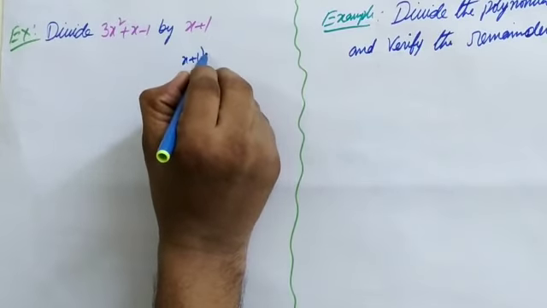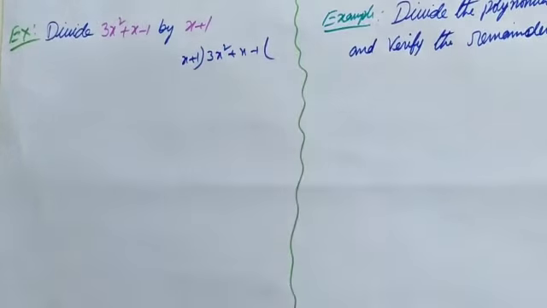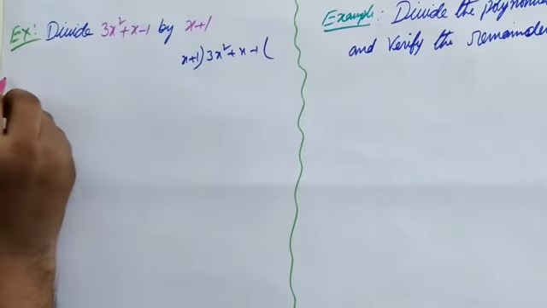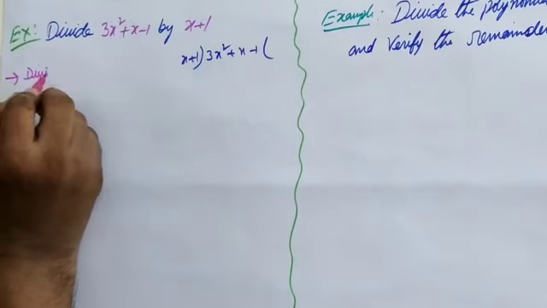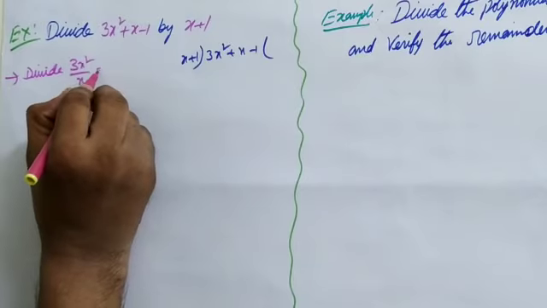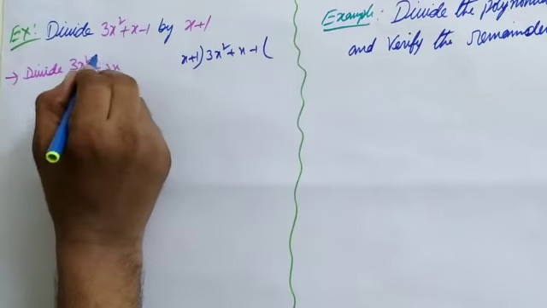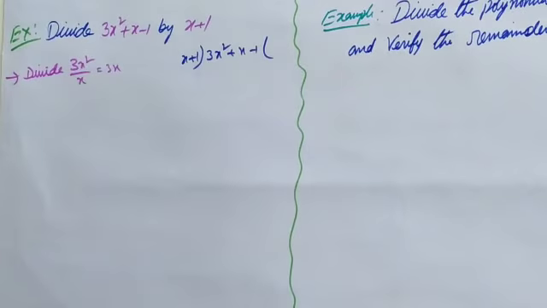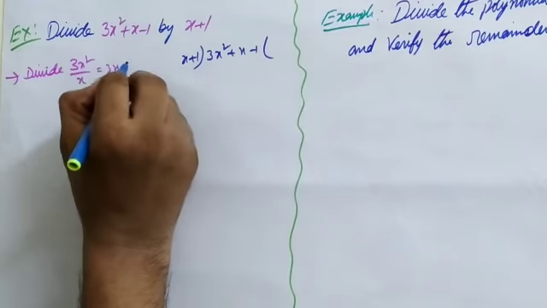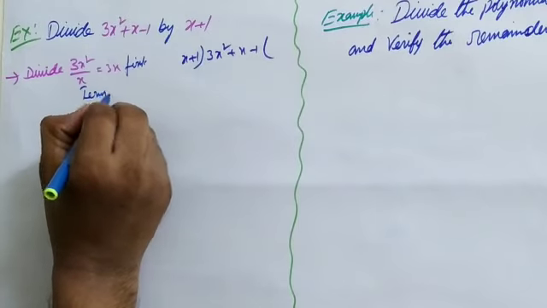First of all, divide 3x square by x, which gives 3x. This is the first term of the quotient.